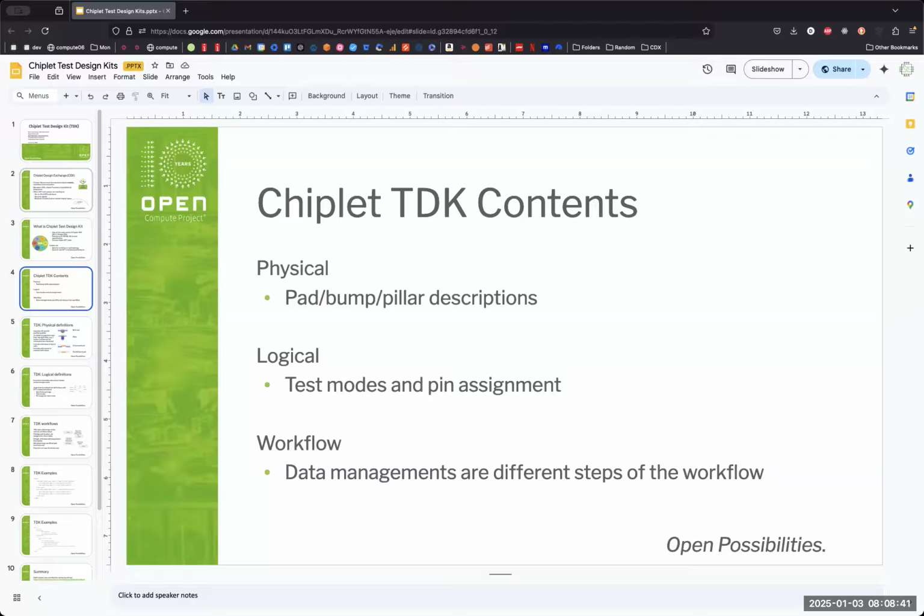When we worked on the test design kit, one thing we realized is that the data will be changing throughout the flow. And in most cases, it will be improving and it will be enhanced. And the second thing is the different uses of the test definitions depending on where you are.